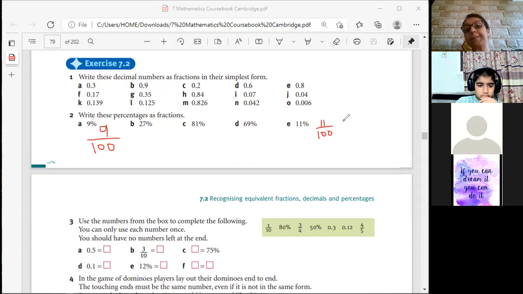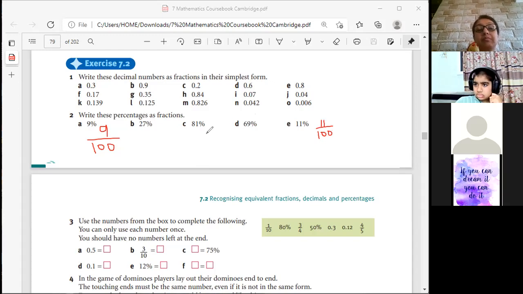So you're going to write 11 upon 100, 69 upon 100, 81 upon 100. 9 upon 100 can be reduced. By what? By 4.5 upon 50.